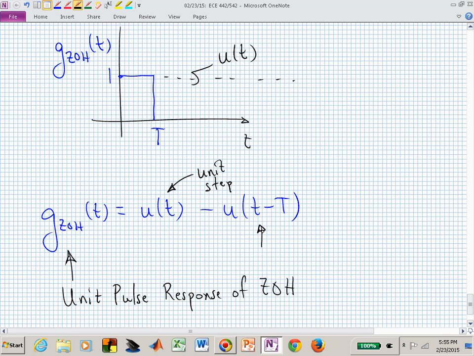And this is our delayed unit step, delayed by a time value of capital T.